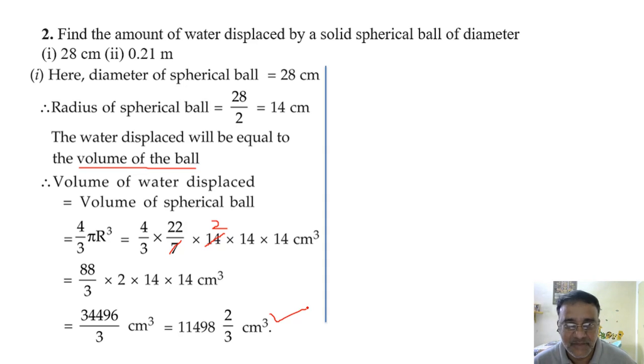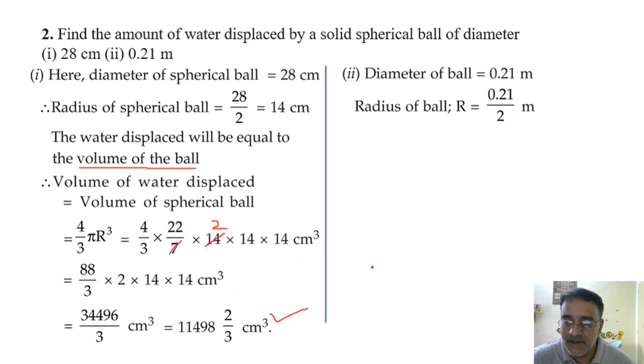Second bit. What is the radius given? Diameter. Diameter given is 0.21. So radius will be 0.21 by 2. Now remove this decimal. How can you write it? 21 by 200. 21 by 200?